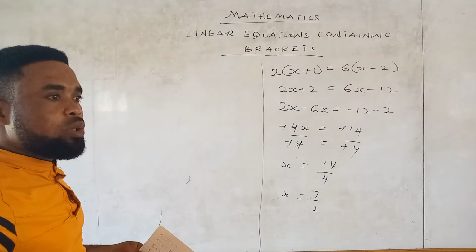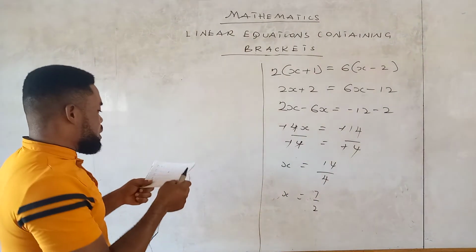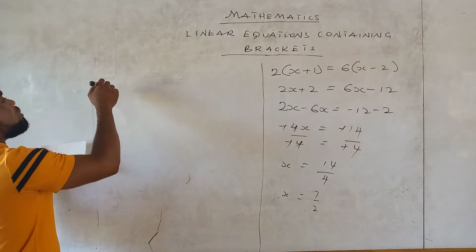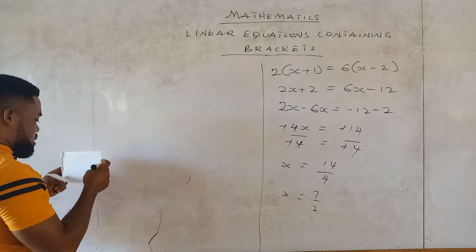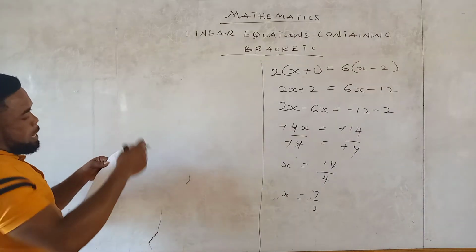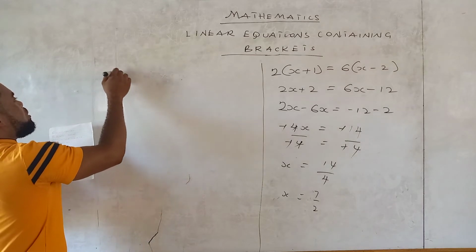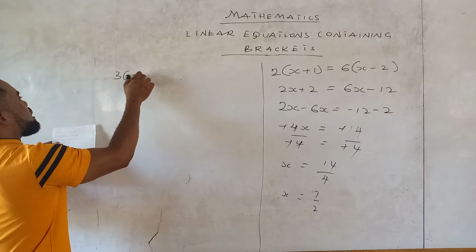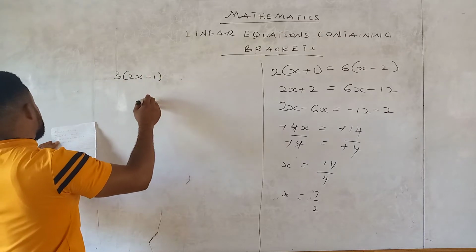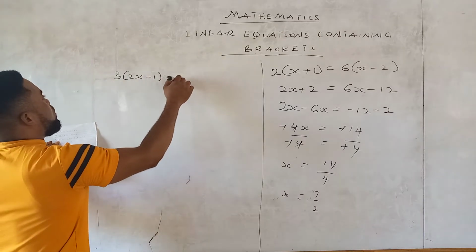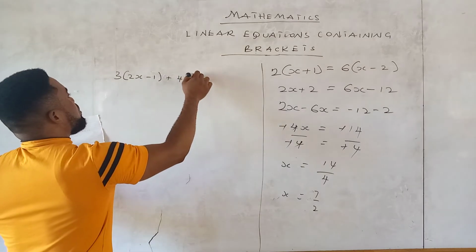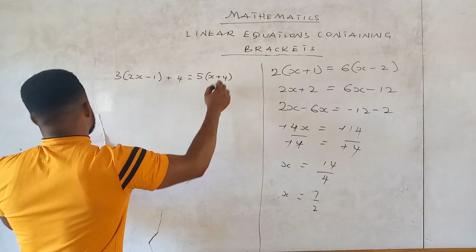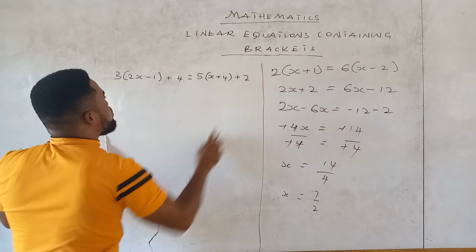Okay, so we shall take our third example. I have 3 into bracket 2x minus 1 plus 4 equal to 5 into bracket x plus 4 plus 2.